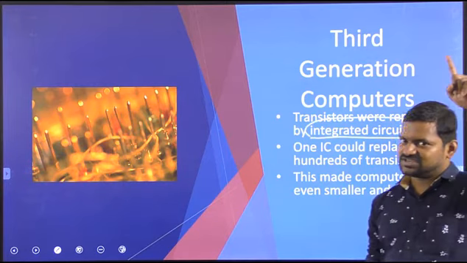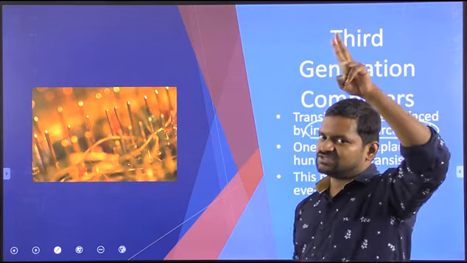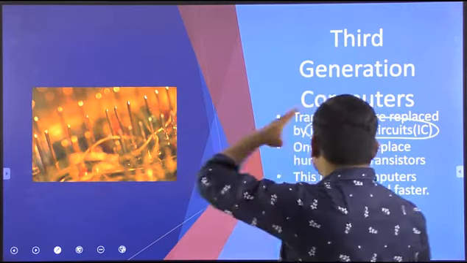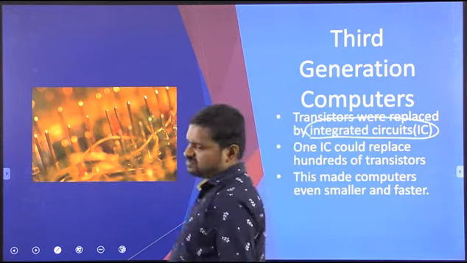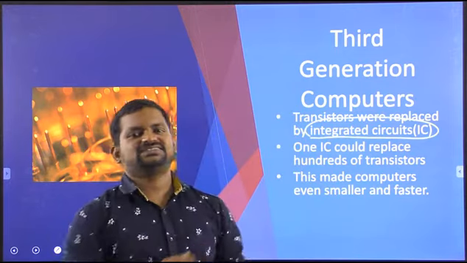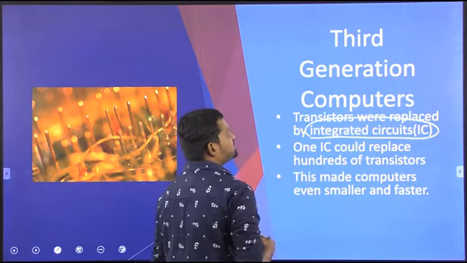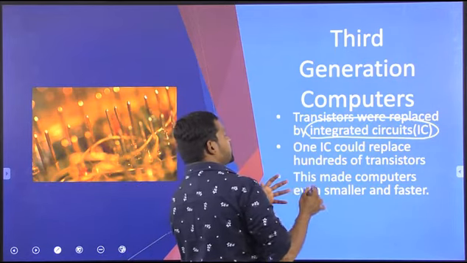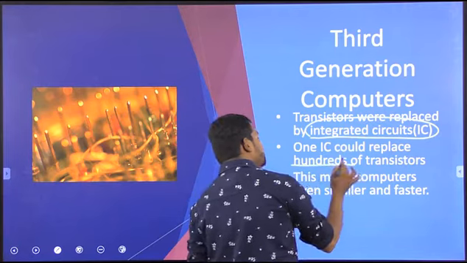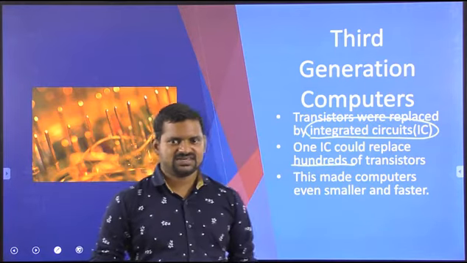Vacuum tubes in the first generation, transistors in the second, integrated circuits in the third, simply called ICs. One integrated circuit replaced hundreds of transistors.